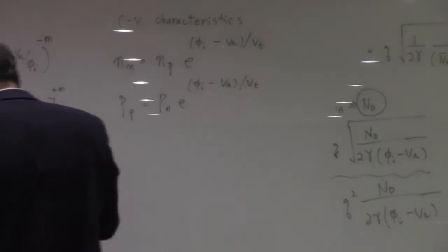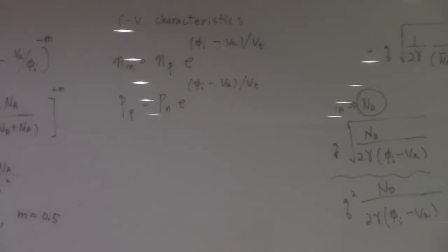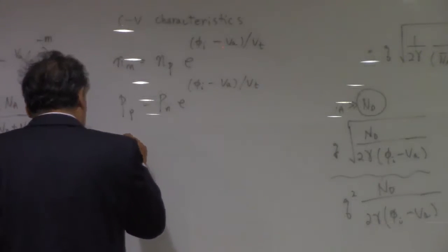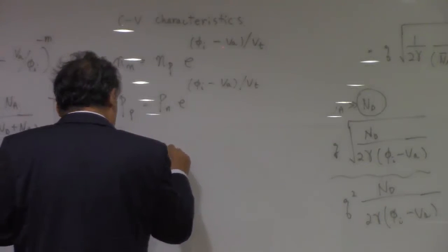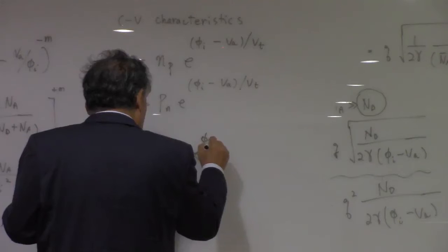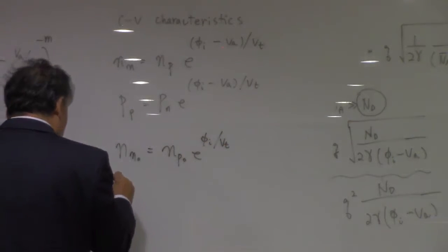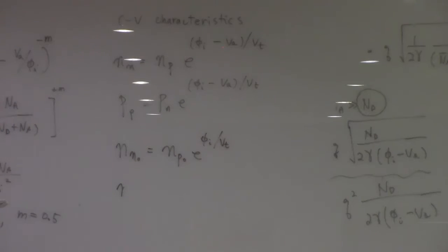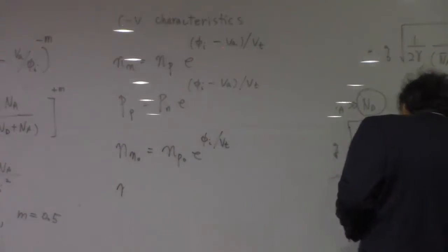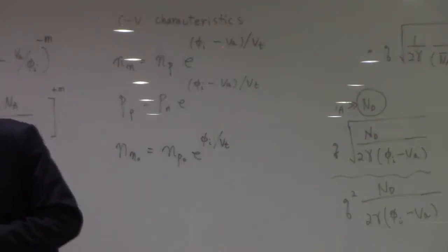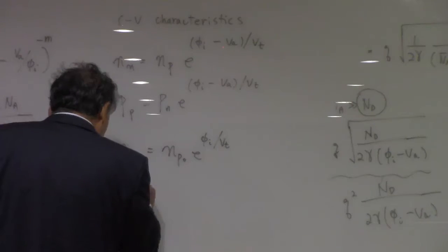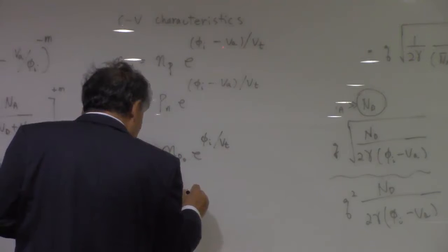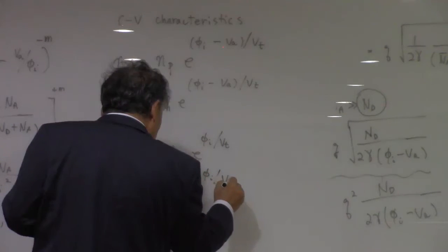And n_n0 is n_p0 e to the phi_i over Vt, and p_p0 is the equilibrium value, which is going to be p_n0 e to the phi_i over Vt.